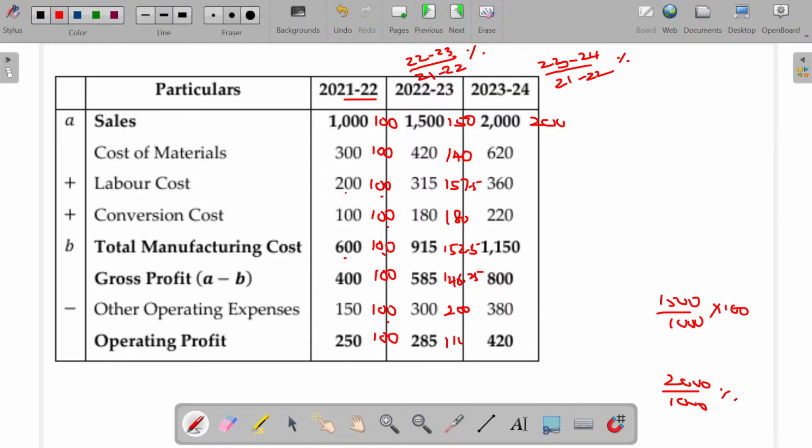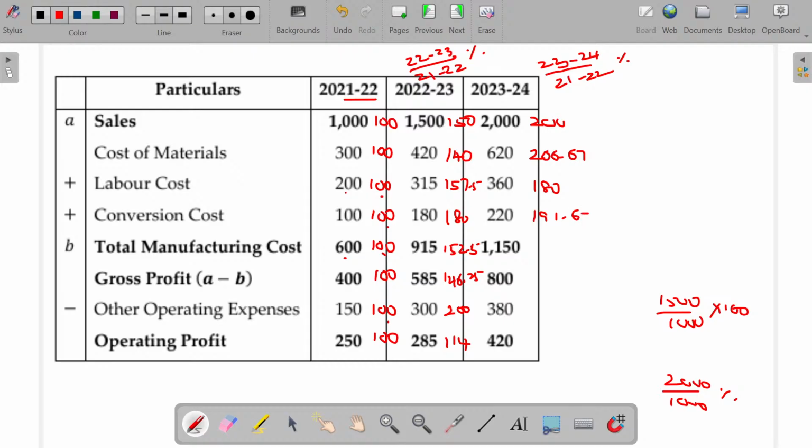114. Am I right? And for the year 23-24, 300 is equal to 100 means 620 should be 620 divided by 300 into 100, 206.67. Similarly, 360 by 200, 180, 220 divided by 100.